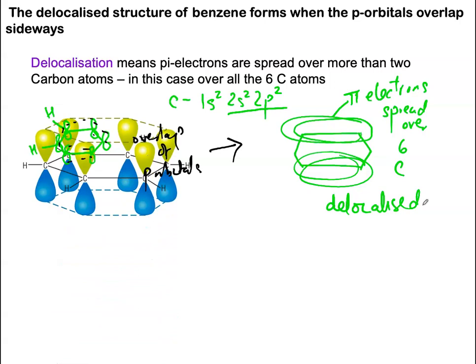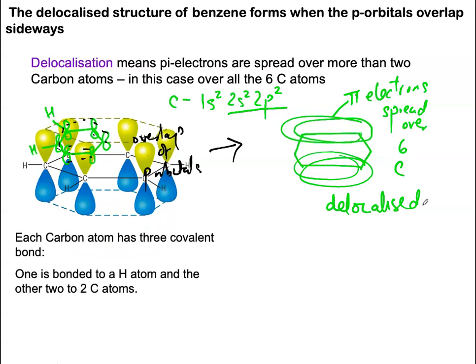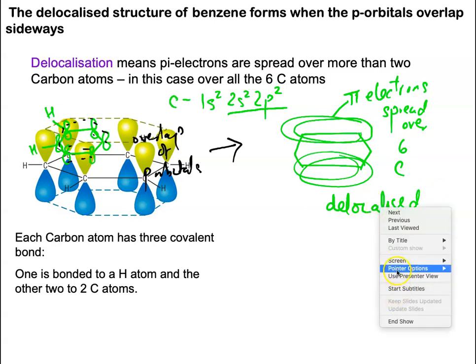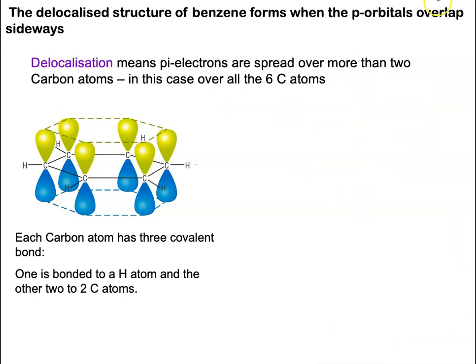And that's exactly what's happening here. Each carbon has 3 covalent bonds. I'll erase what I've written here so you can see this easily. So you can see now the p orbitals are overlapping.